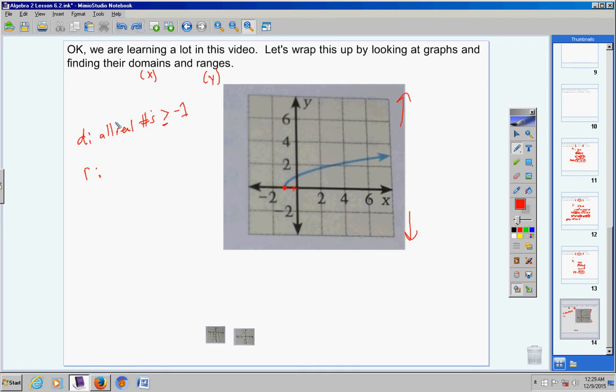We're dealing with range, so we're dealing with y's. So do not look at these values on the x-axis. Look at the values on the y-axis. Here's where it stops. Where is that equal to on the y-axis? 0. So the graph goes above 0. So you would say all real numbers greater than or equal to 0. That would be your range.